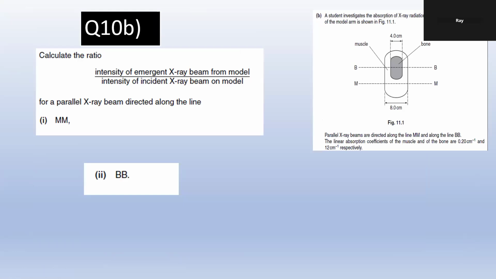Okay, calculate the ratio of the intensity of the X-ray beam after it leaves the model to the intensity before it enters the model, for the X-ray beam directed along the line MM.